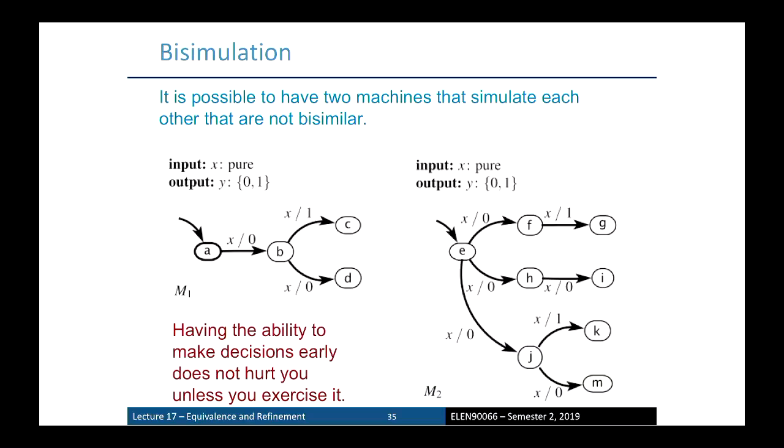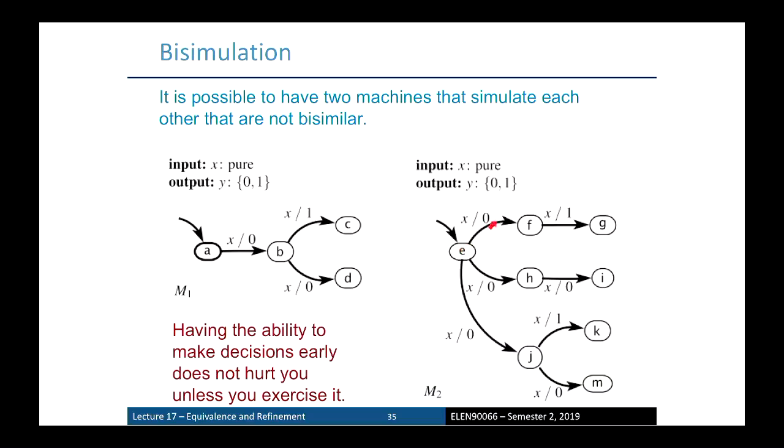We won't go through it here, but I'll leave that for you guys to go through because there's a ton of states in this one. It seems as though all output sequences are covered: 01, 00, 01, 00, 00, 01. But the key is that having to make decisions early does not hurt you unless you exercise it.